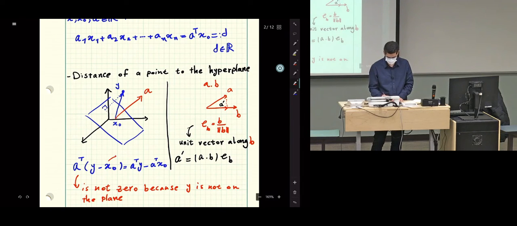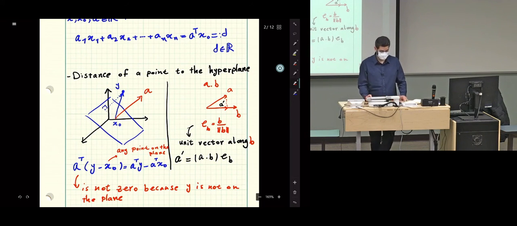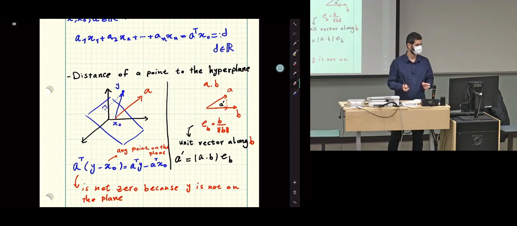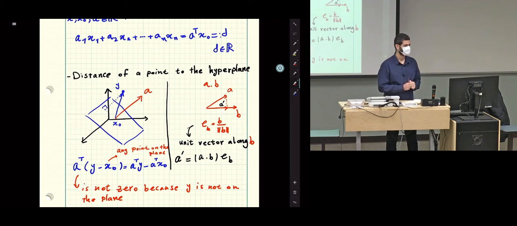So x0 is really any point on the plane. So we get our vector y minus x0. Its dot product will make it perpendicular to the plane. We like that. Now if we know its magnitude, that sounds like to be the distance, right?